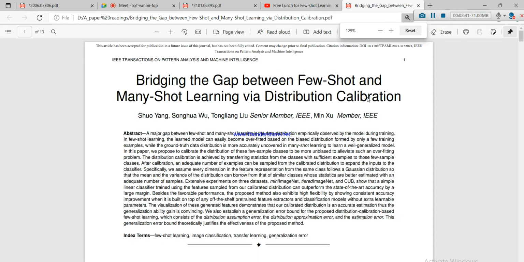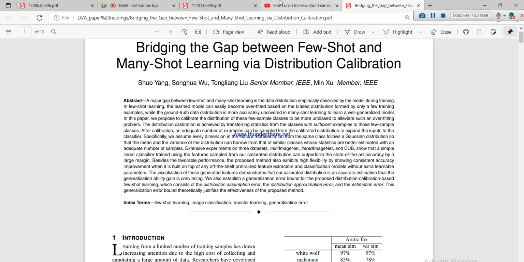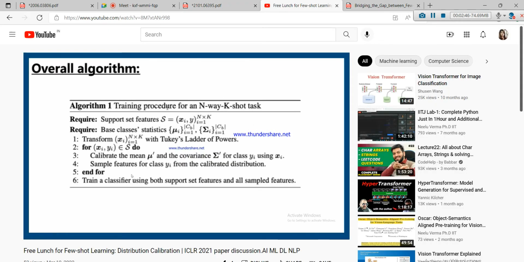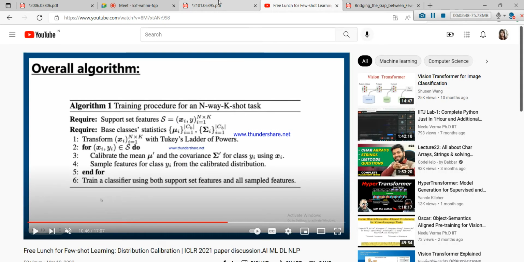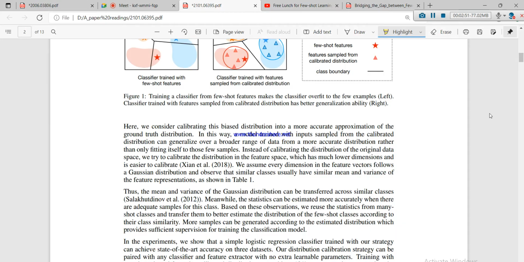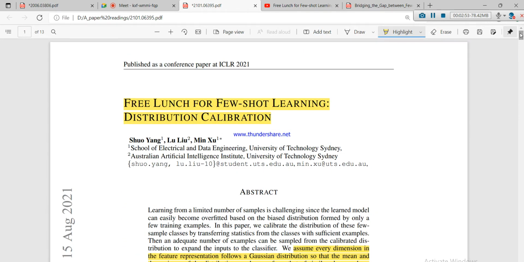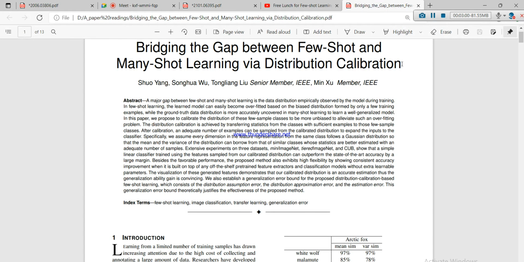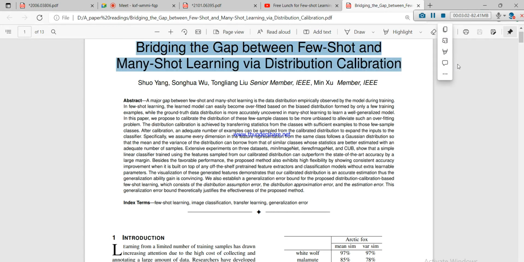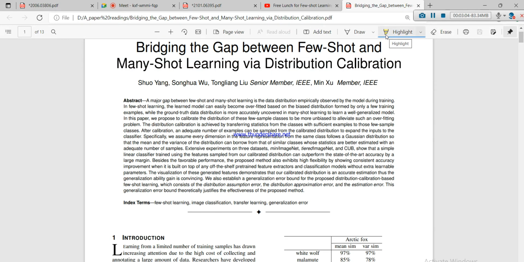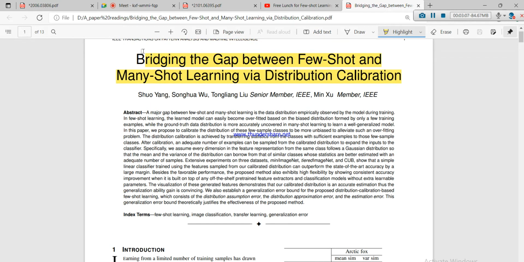If you see the free lunch paper and this distribution calibration paper, the headings are different: Free Lunch for Few-Shot Learning: Distribution Calibration, and Bridging the Gap between Few-Shot and Many-Shot Learning via Distribution Calibration.